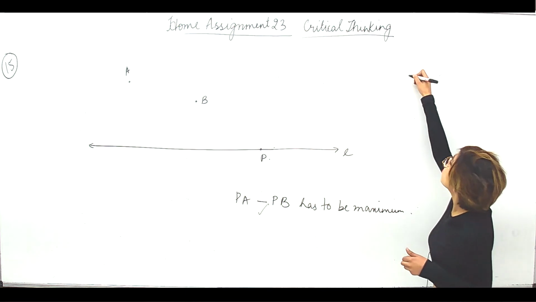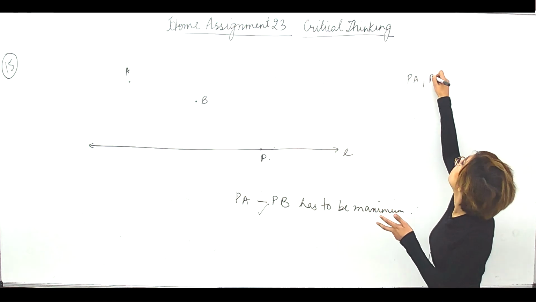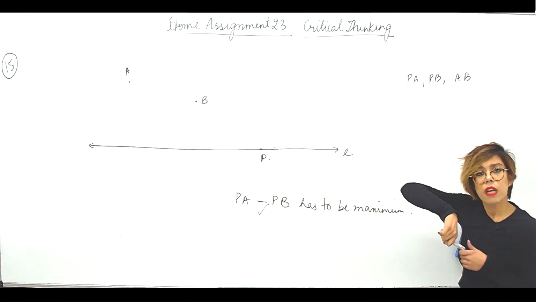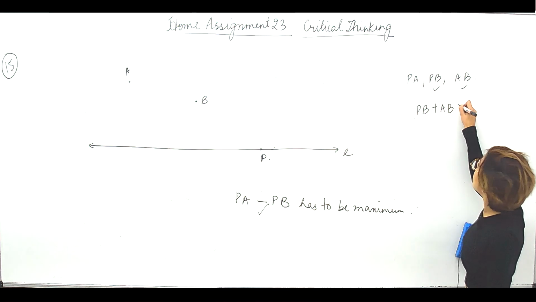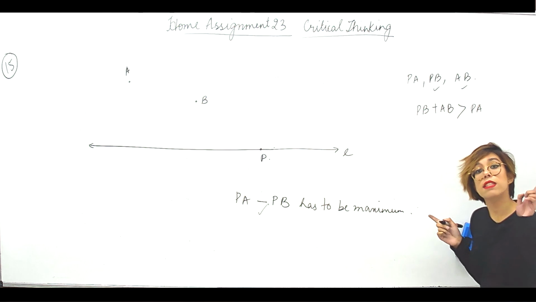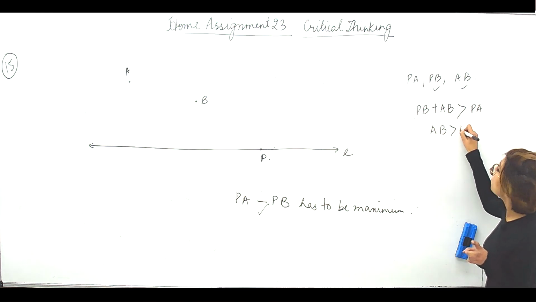Now consider a triangle where I have PA, PB and AB. I know that the sum of any two sides, PB plus AB, is greater than the third side. There's another way to write this inequality. We can say that AB is greater than PA minus PB.